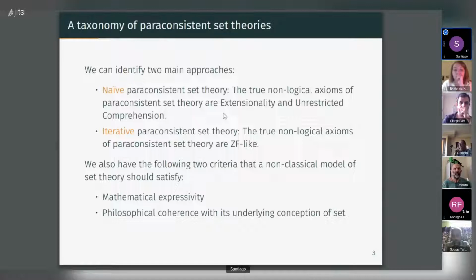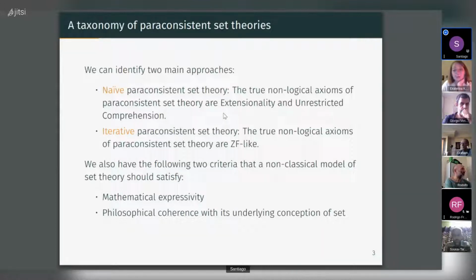Why? Because the models that you get resemble very closely the cumulative hierarchy. So you get natural models. We will also argue that these models are mathematically expressive, and they are faithful to their conception. I will come back to this later and be more precise. But let's just say that you get expressive models, so you can really do mathematics in these models, and at the same time, philosophically speaking, I think they're well motivated.